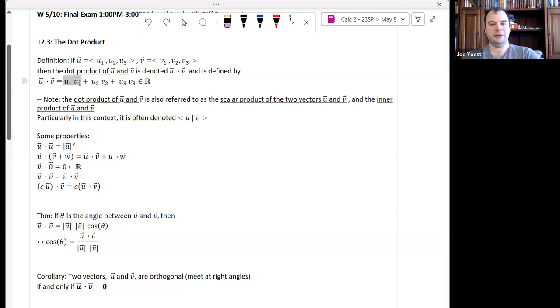That just gives me cu1 v1 plus cu2 v2 plus cu3 v3. I can factor the c out, and I get c times the dot product of u and v. Or for that matter, I can make it u dot the vector cv. I could attach the c's to the v's and then view that as a dot product of u with cv.